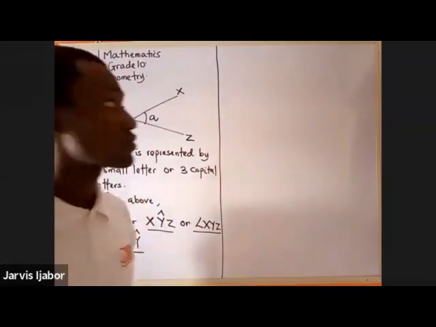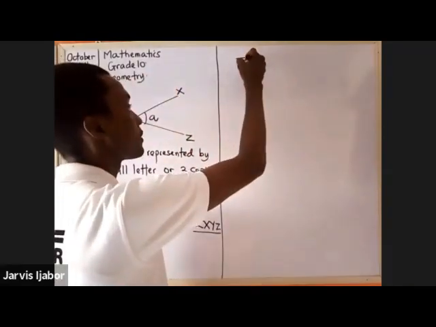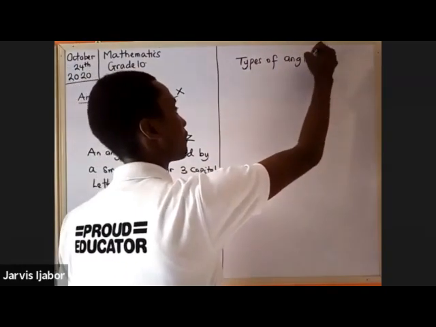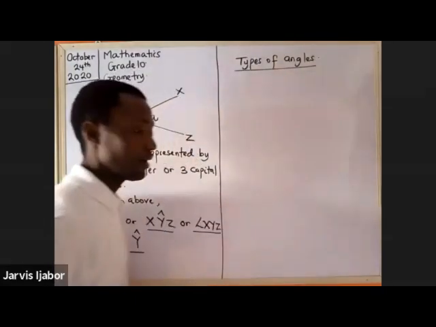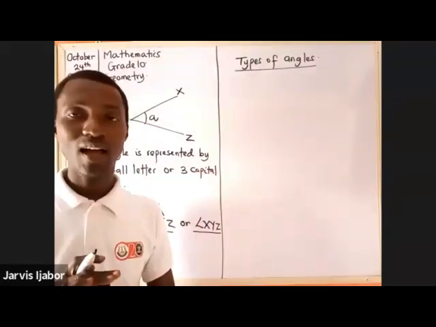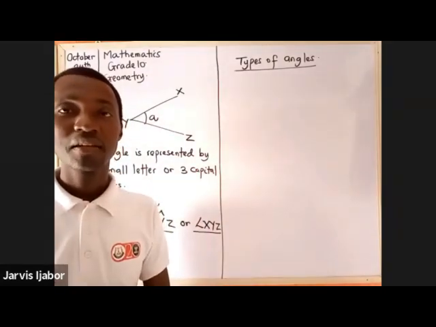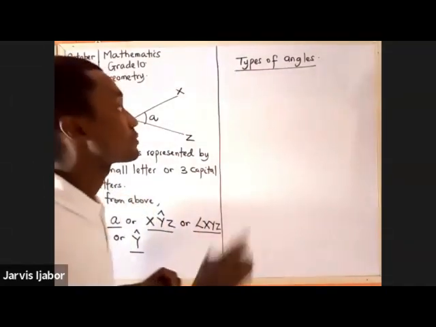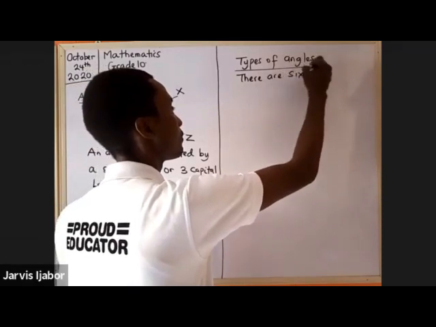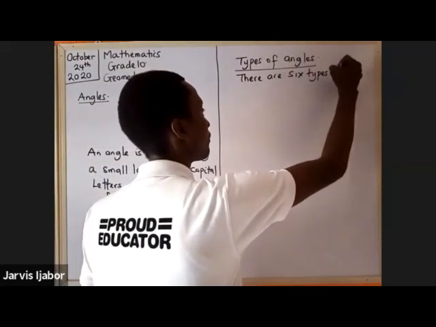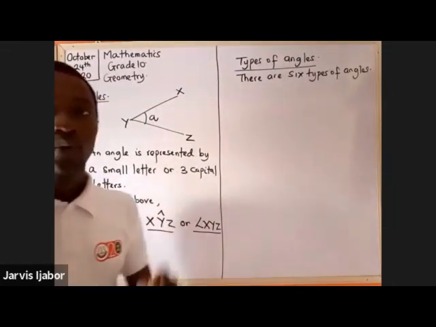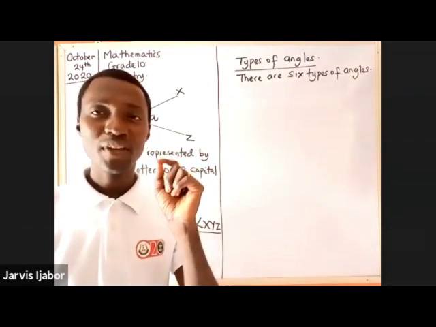So types of angles. There are different ways people approach this topic, but I'll just take an approach and stick to it. There are 6 types of angles. Now, please, let me make this very clear at this point.